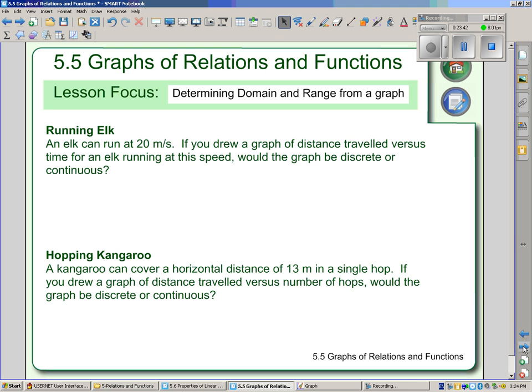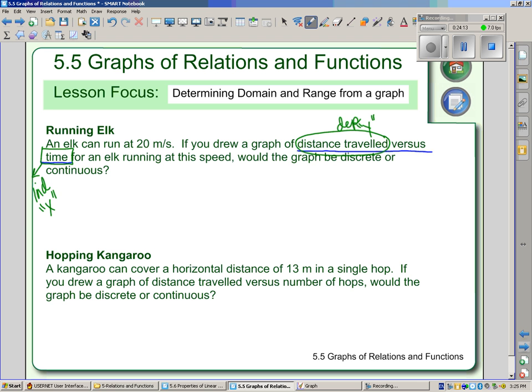If I drew a graph of distance traveled versus time, the distance traveled is the dependent variable. That's the y. And the time, that is the independent variable, and that is the x.